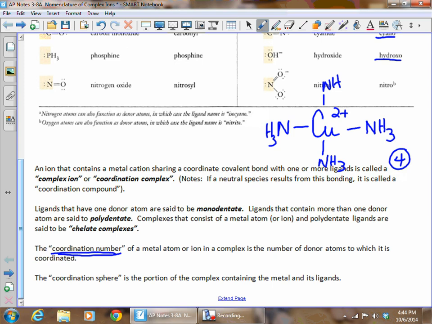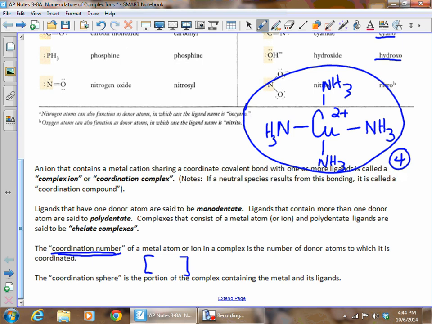And that entire sphere, if you will, of the copper with the 4 ammonias, and I should have put a 3 here with this one, that's called the coordination sphere. When you see it in the formula, it's usually separated from the rest of the species with brackets.